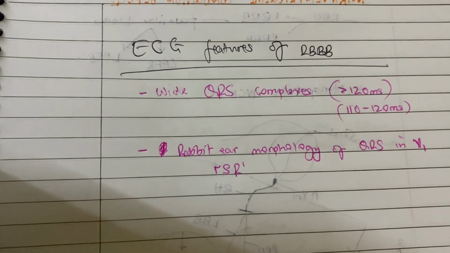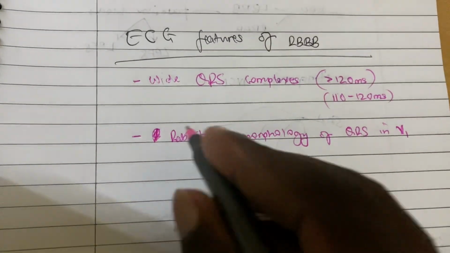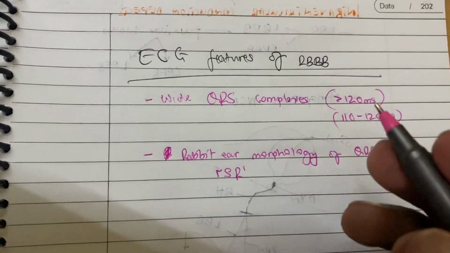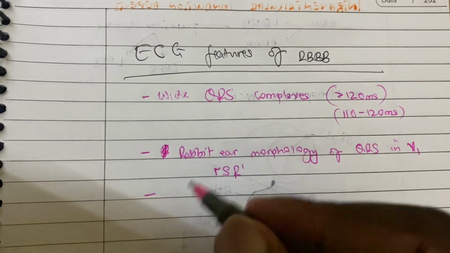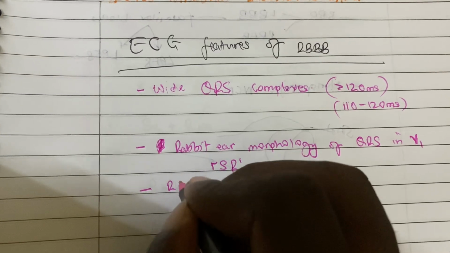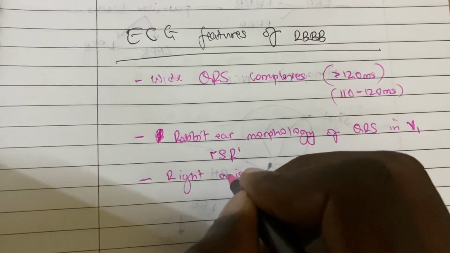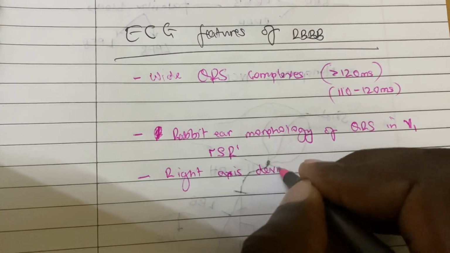We have seen how it comes. So this one is needed. Another one we need is right axis deviation.